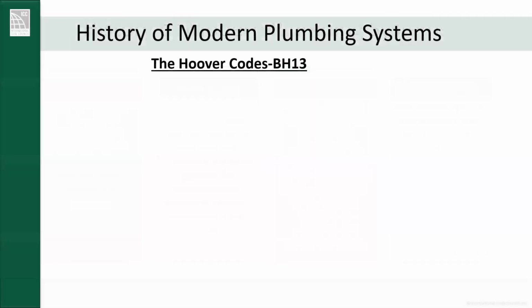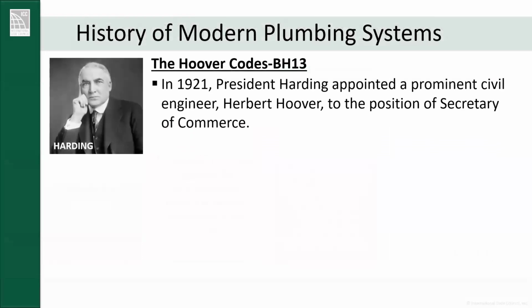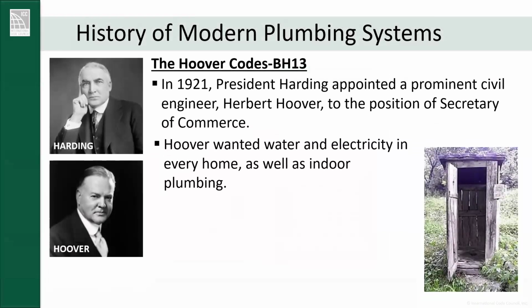So just to give a little insight into the Hoover codes, President Harding at the time appointed a civil engineer, Herbert Hoover, who would go on to become president, but he became the Secretary of Commerce, and that's how he became involved in the codes. And Hoover wanted to make sure that there was water, electricity in every home, as well as the indoor plumbing.